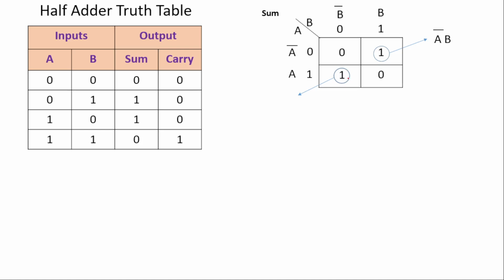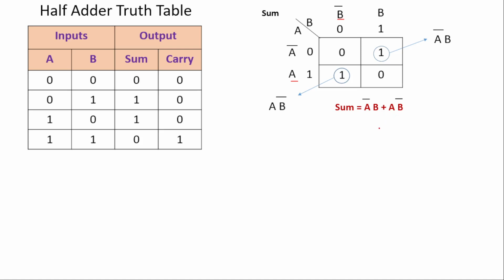It is encircled, and now look at the left hand side, it corresponds to A. Look at the top, that is column, it corresponds to B bar. So product term is A into B bar. So final expression for sum is equal to A bar B plus A B bar, that is sum of product terms. Two product terms are added together, and this expression we are very familiar with.